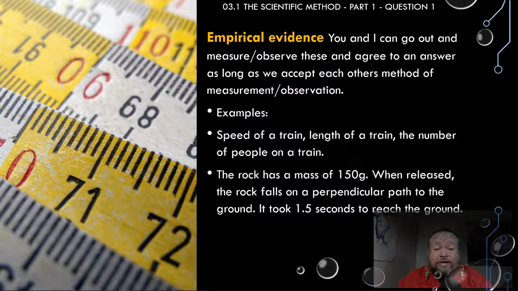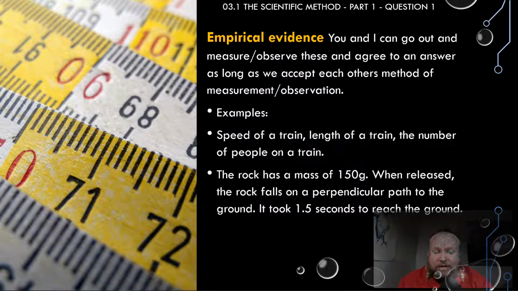Now, with empirical evidence, you and I can go about measuring and observing these, but other people also have to be able to do the same measurements and same observations and come out with results that we accept should be similar. And this includes that we each agree upon how things are being measured and how they're actually being observed.